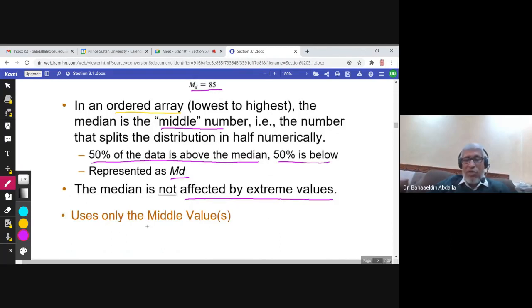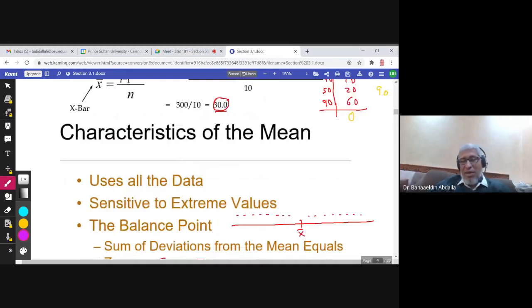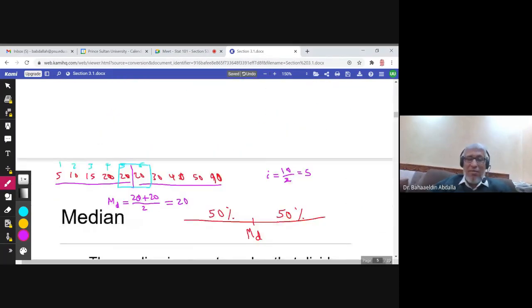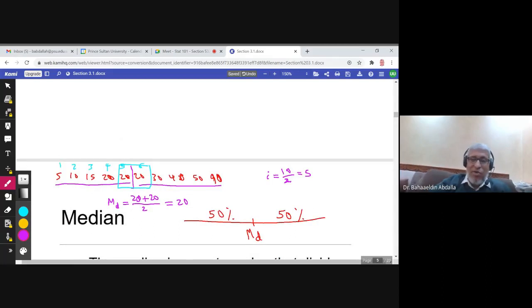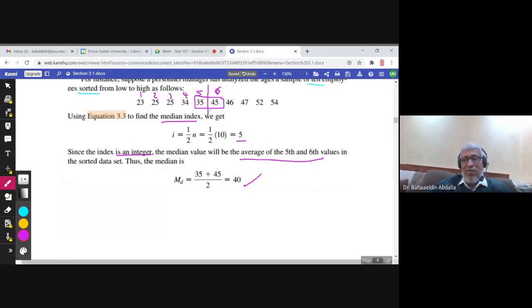Also, it uses only the middle values. So it doesn't use all the values like the mean. It doesn't use all the data. No, it uses only the middle values. So I here used 20 and 20 only. In this question, I used 35 and 45.